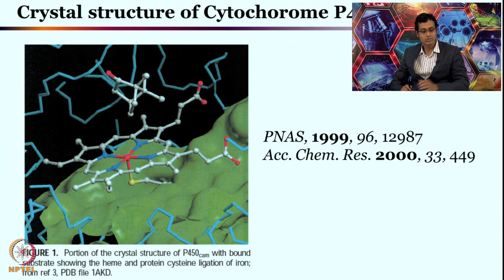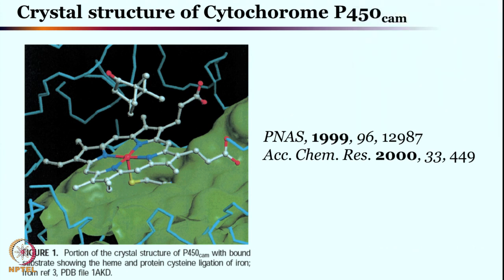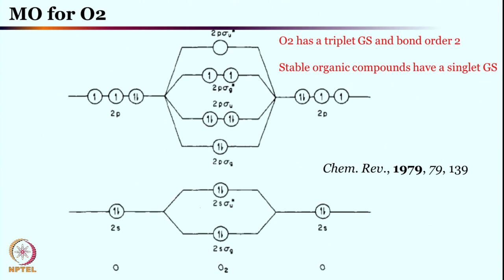Let us look at what we have discussed in the last class. Of course, we have discussed the oxygen molecular orbital, and the lone pair or unpaired electrons are responsible for the triplet ground state of oxygen. Once oxygen is reduced by one electron, that electron will come into one of these two orbitals, right. These are degenerate orbitals. If it is doubly reduced, that means a peroxo species is formed.